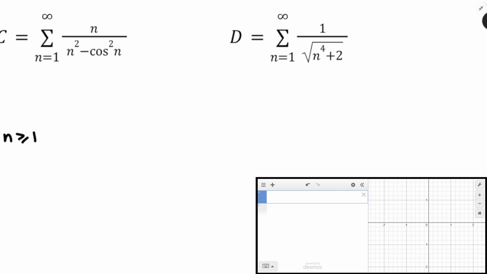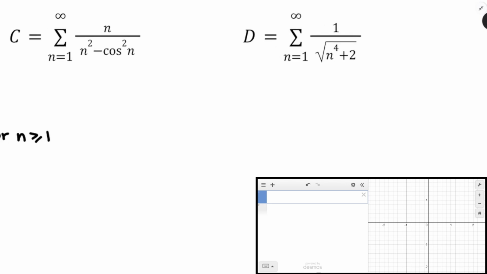For c, I'm going to have n over n squared minus cosine squared n. I feel like I'm supposed to be able to see something pretty obviously. Well, okay, cosine squared n is going to be a positive number between 0 and 1.